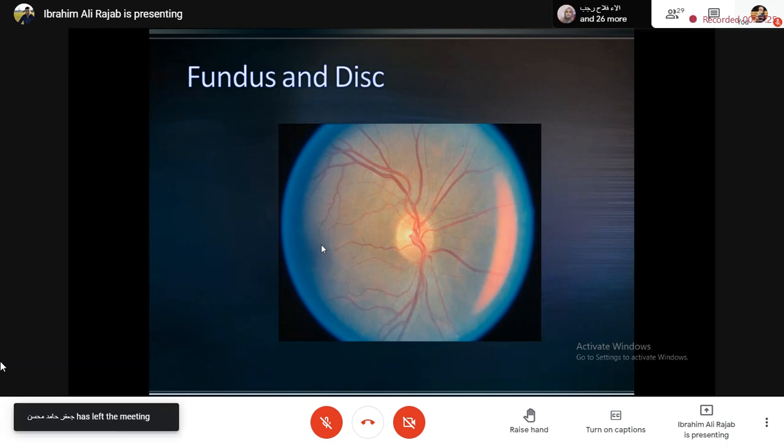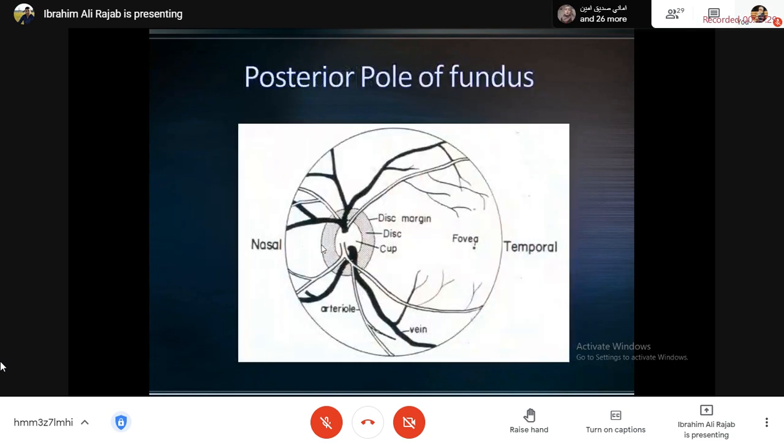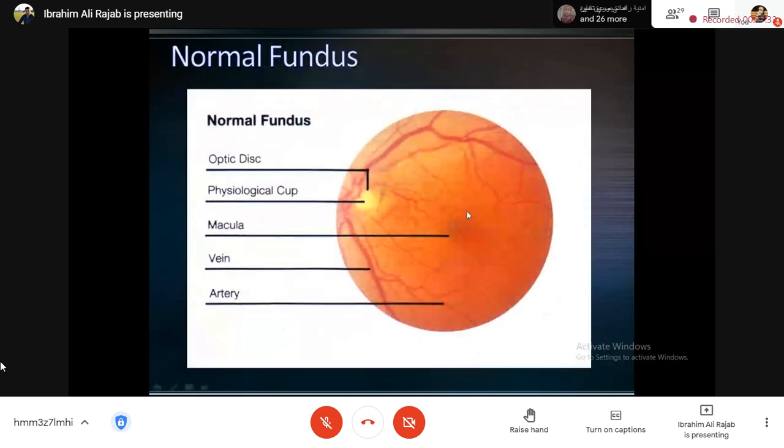You will see later on the site of the macula, like this is the site of the macula. It is on your right side. It is between the arcades. The blood vessels are called arcades. So we have the superior arcade of vein and artery and the inferior arcade of vein and artery. Between them, they embrace the macula.